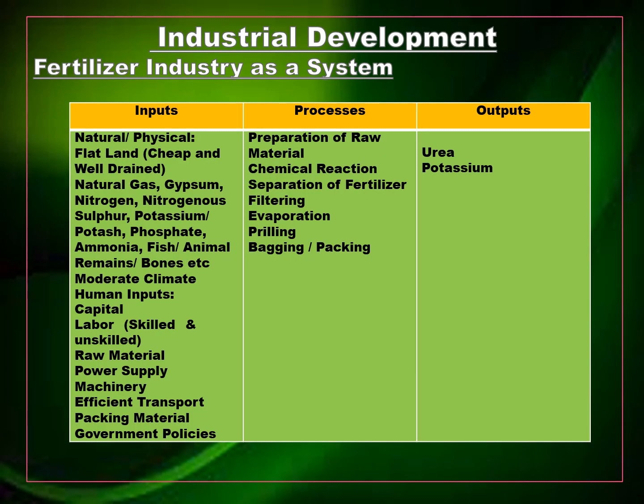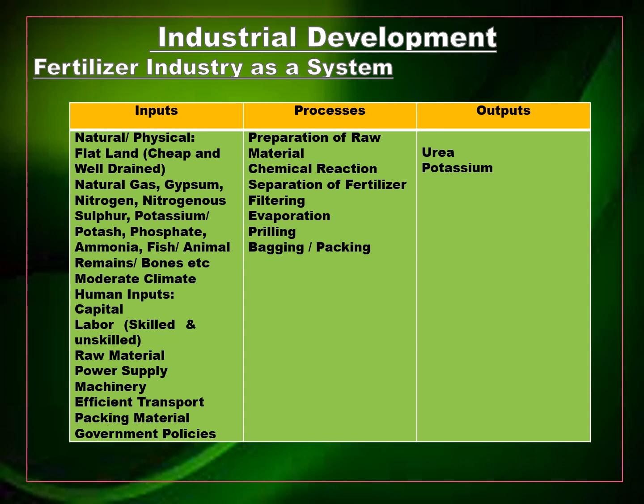Now, if we talk about the fertilizer industry as a system, we can see the inputs are almost the same, but over here the natural gas, gypsum, nitrogenous matter, sulfur, potassium, potash, phosphate, ammonia, fish, animal remains, bones and moderate climate are the added inputs. If we talk about the processes, preparation of the raw material is included: chemical reaction, separation of the fertilizer, filtering, evaporation and prilling.